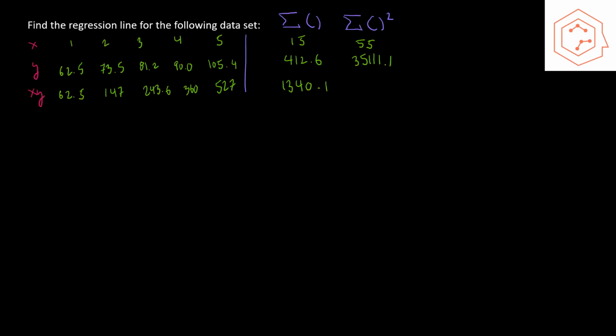So here's a data set where we have x, we have y, and we have 5 points in between. So we've done an experiment 5 times, we've changed x and found how y changes. And now we want to find the regression line, or the line of best fit, for a scatter plot if we drew it.